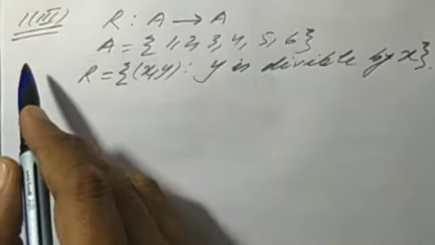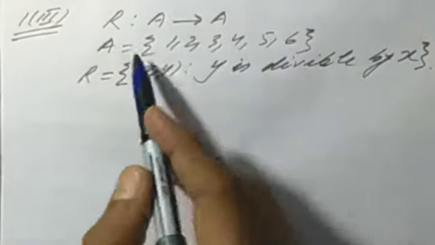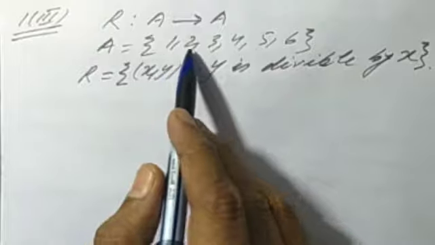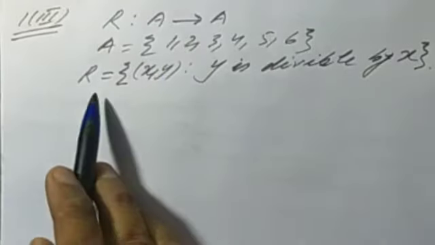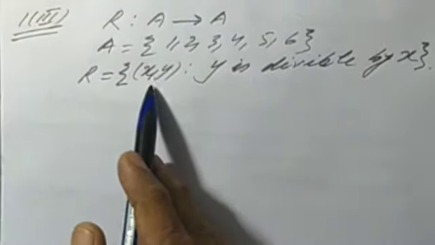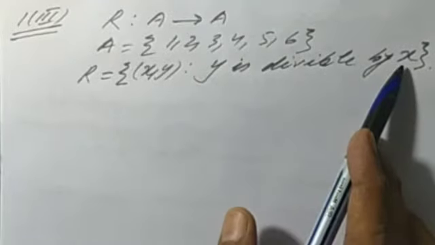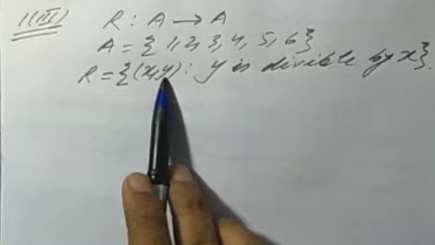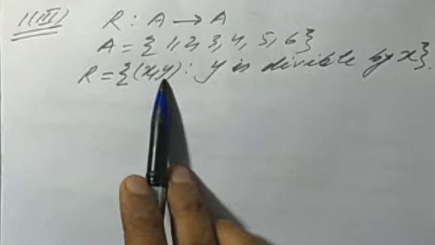Now we come to the third part of the first sum. This is a relation in a set A where A is defined as the set {1, 2, 3, 4, 5, 6} and R is defined as the set of ordered pairs (x, y) where y is divisible by x. That is, the second component of every ordered pair must be divisible by the first component.